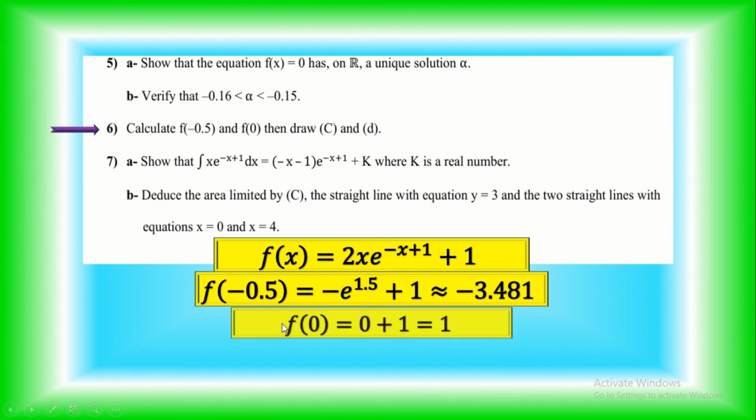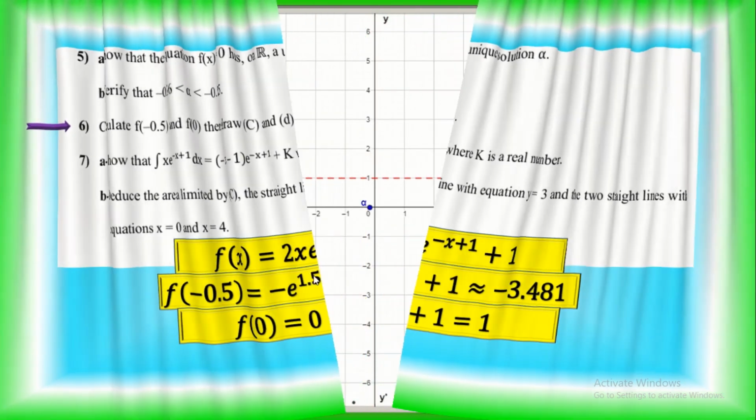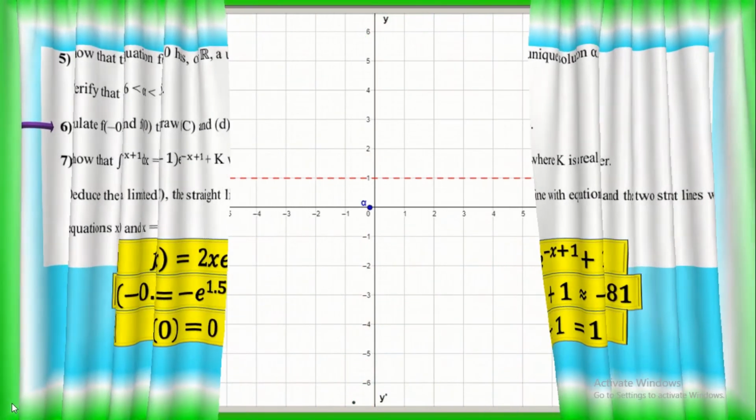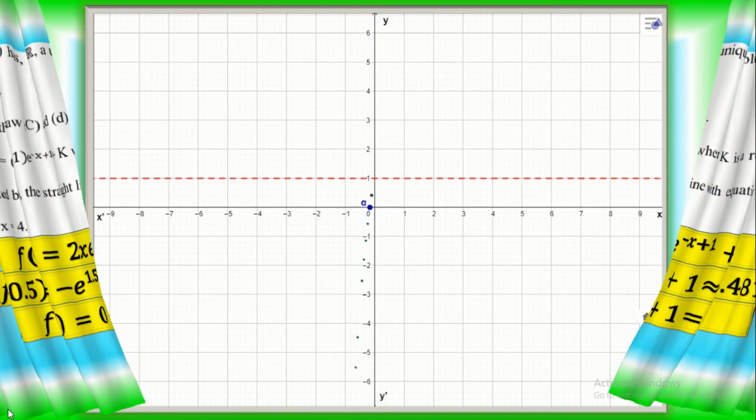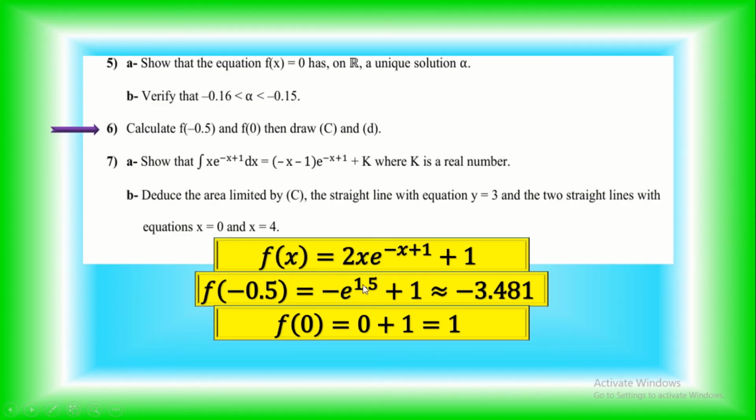Now what about f of 0? We just replace x by 0. So it will be 0 plus 1, which is equal to 1.